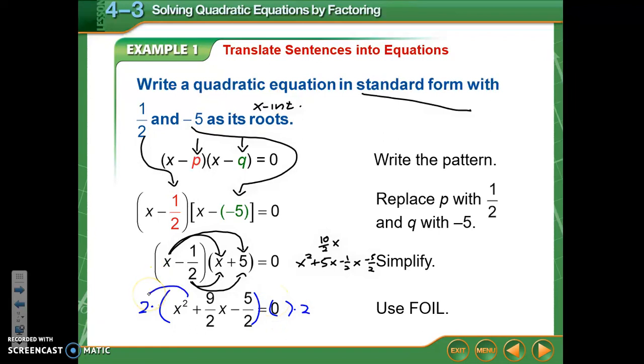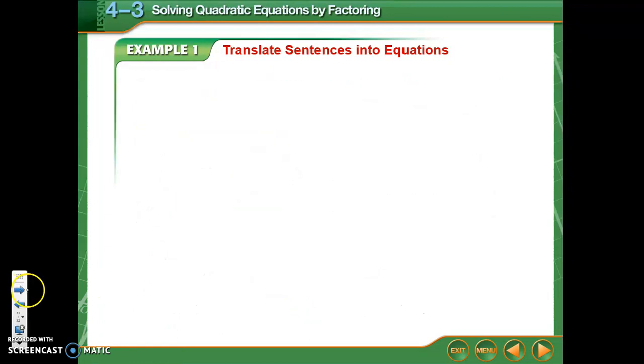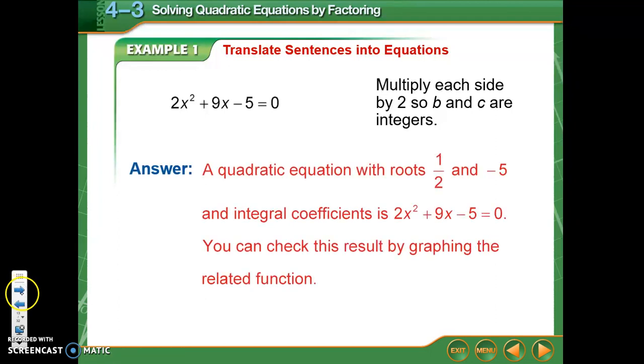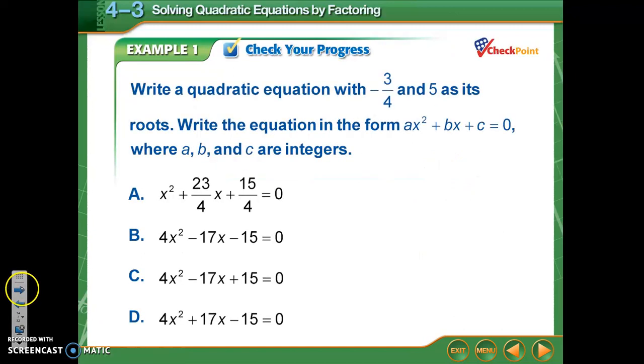So I'm going to get 2x squared. Then I'll do 2 times 9 halves, so that'll give me 9x. And then 2 times negative 5/2, which will give me negative 5. So my equation ends up looking like this: 2x squared plus 9x minus 5 equals 0. So this would be one example of a quadratic equation that would have roots or x-intercepts that are positive 1/2 and negative 5. All right, following the same pattern, you guys try this one.